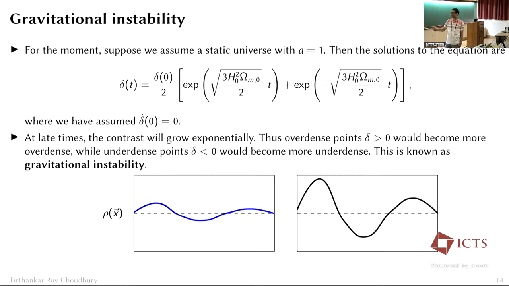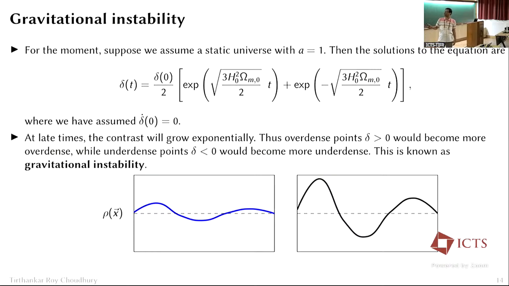This is known as gravitational instability. You take a smooth distribution and put some small perturbations on top of that. Any amount will do. Gravity will make sure that those perturbations grow. That is how structures form in our universe, through this gravitational instability.